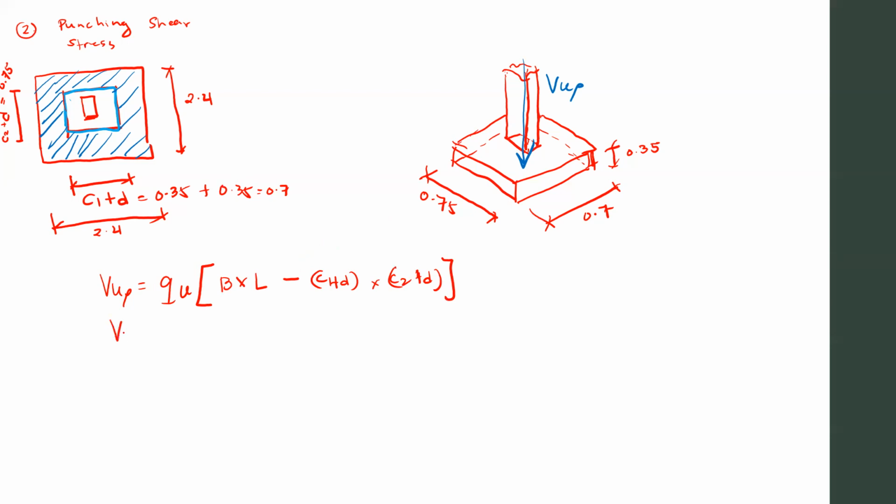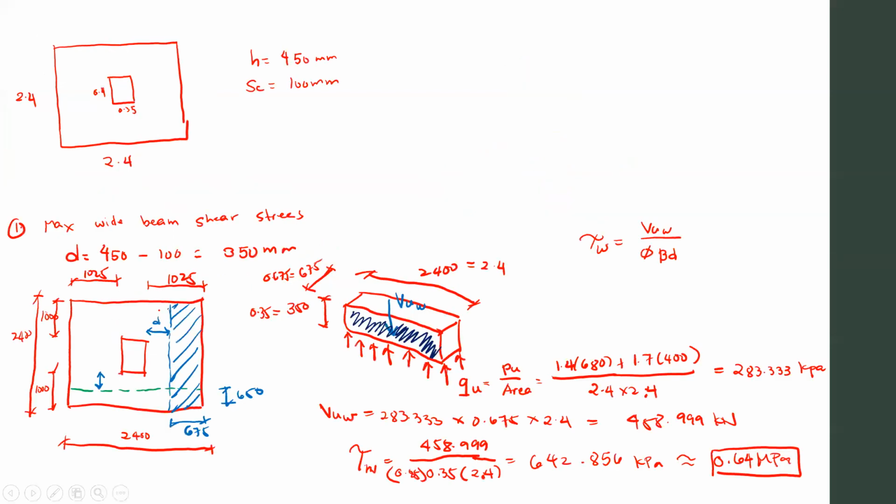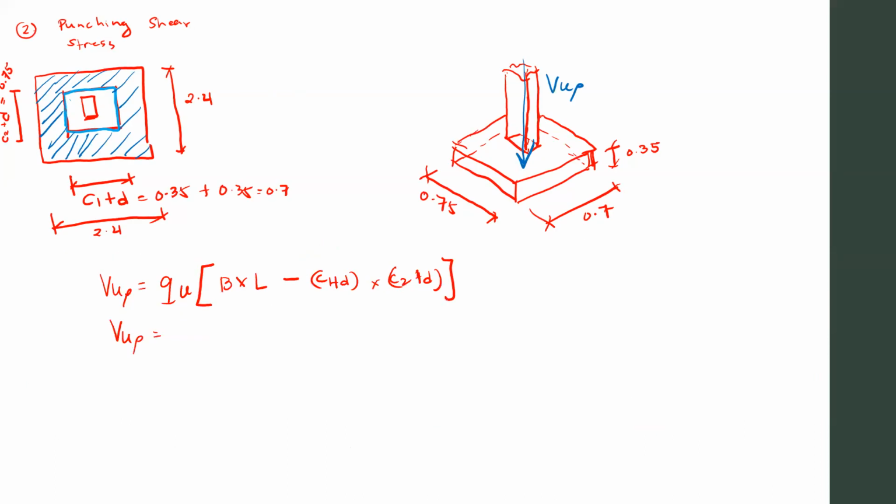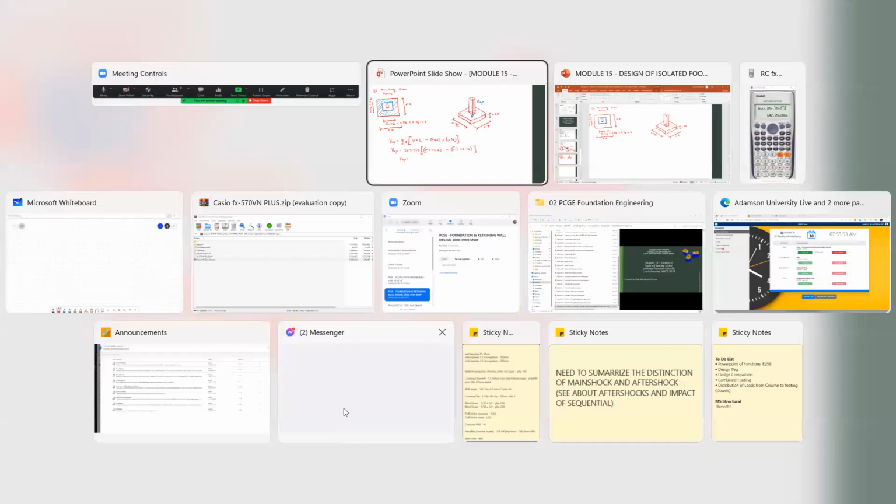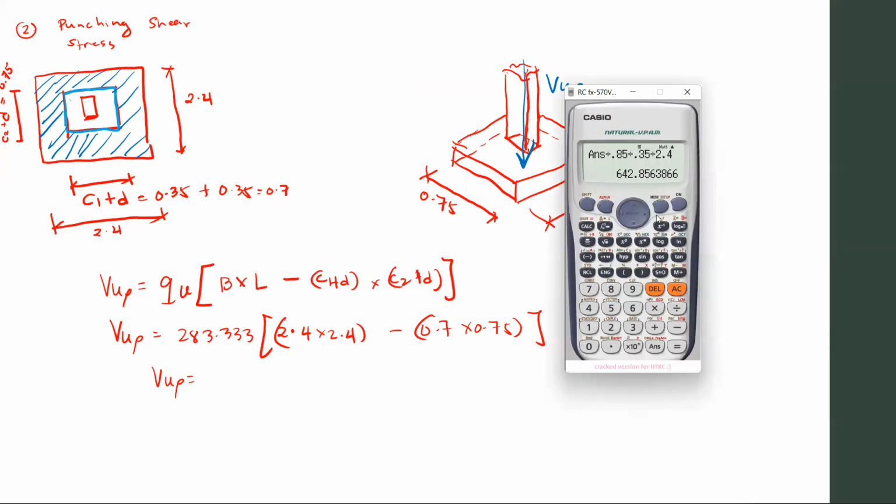Okay? So, therefore, your VU sub P is equals to what is our QU? That is 283.33. Your B by L, that is 2.4 by 2.4 minus your C1 plus D and C2 plus D, that is 0.7 by 0.75. Okay? Therefore, that your VU sub P is equals to, natin calculator natin, okay?